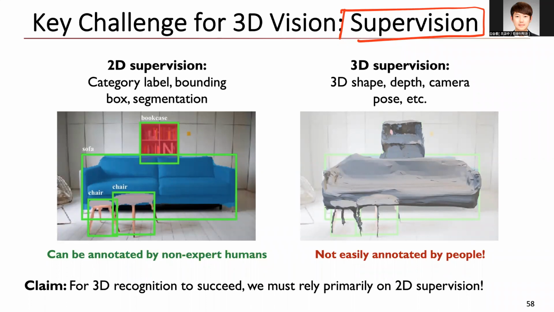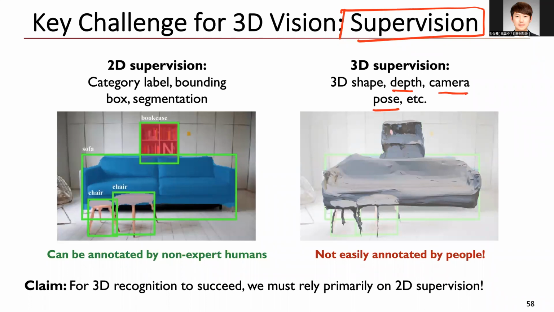It requires 3D ground truth representation, for example, mesh, point cloud, voxels, as well as corresponding depth or camera pose information, for example, extrinsic parameters or intrinsic parameters.